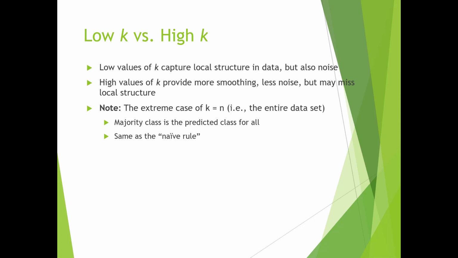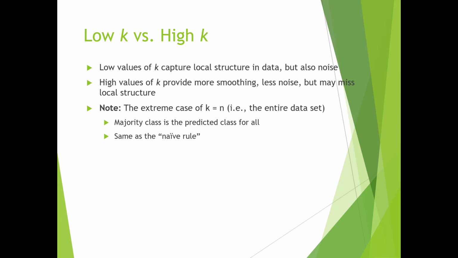Now when k is very small, you look at only the closest neighbors, so while you are capturing the nearest pattern, you may also unfortunately end up modeling the noise instead of the signal. So you may be overfitting your model.